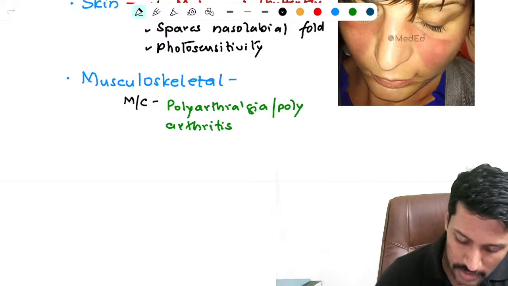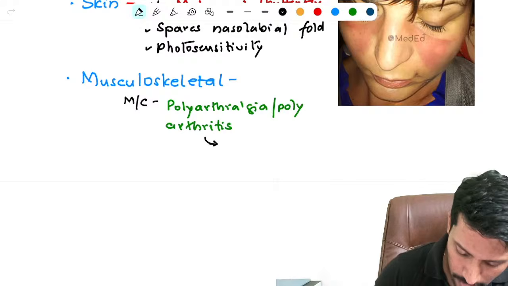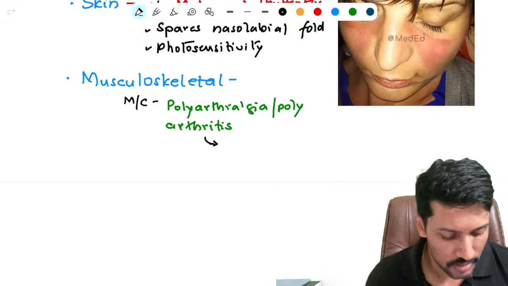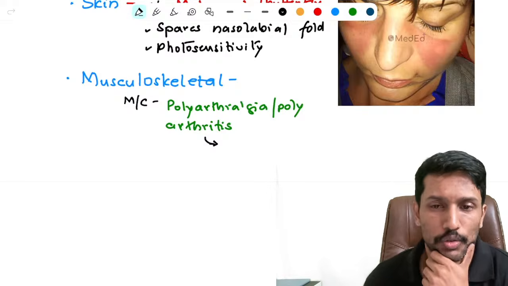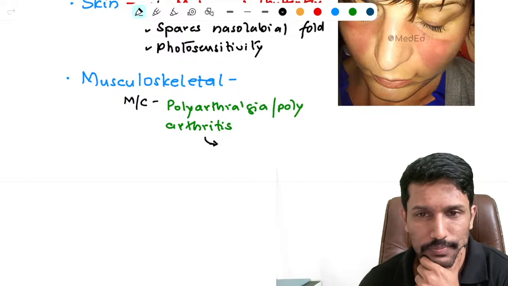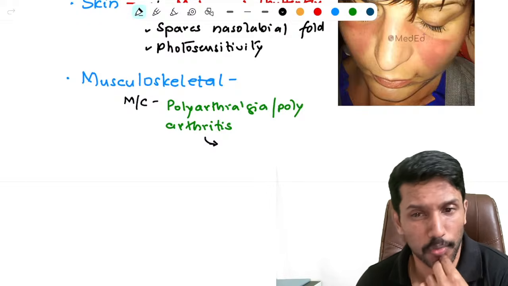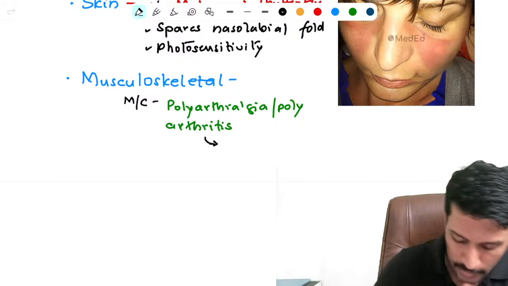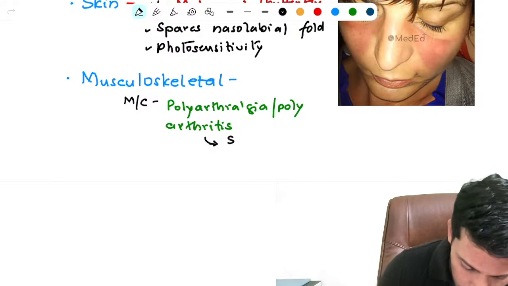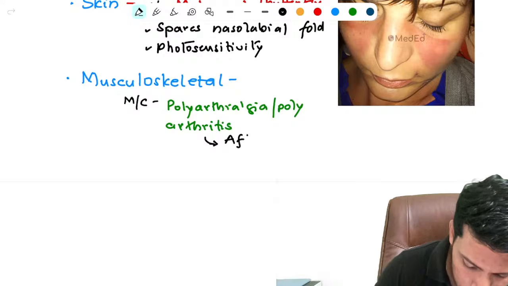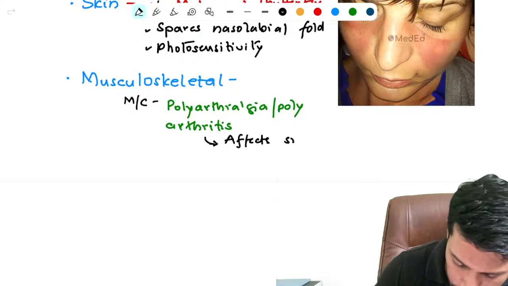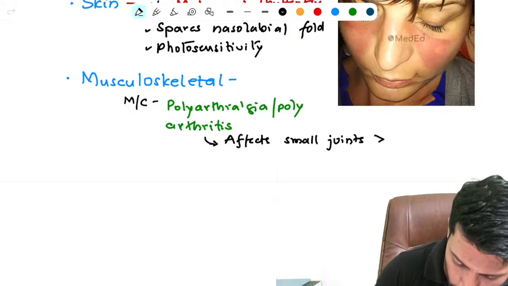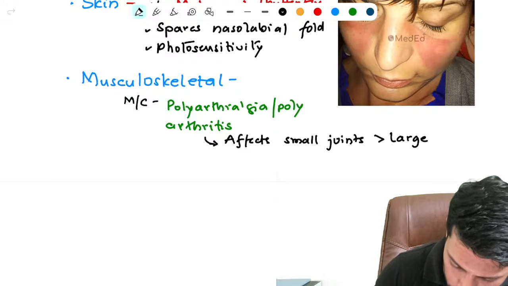Now this polyarthritis, tell me how similar it is to rheumatoid arthritis and how dissimilar it is to rheumatoid arthritis. Because rheumatoid arthritis is also a condition where you get polyarthritis. Yes, this polyarthritis typically affects small joints more than large joints.